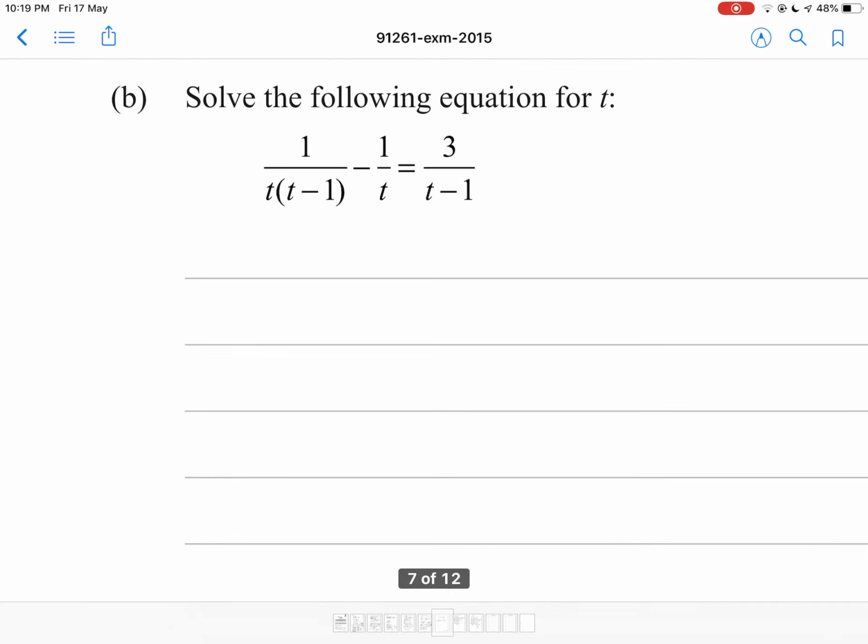Solve the following equation for t. So 1 divided by t times t minus 1, minus 1 over t, equals 3 divided by t minus 1, okay? Okay, so basically, we're going to try to have it all have a common denominator, okay? So actually we can just say, okay, we'll do that.